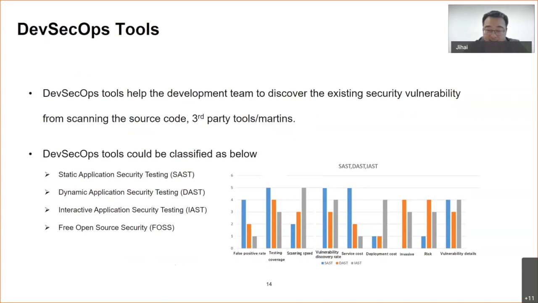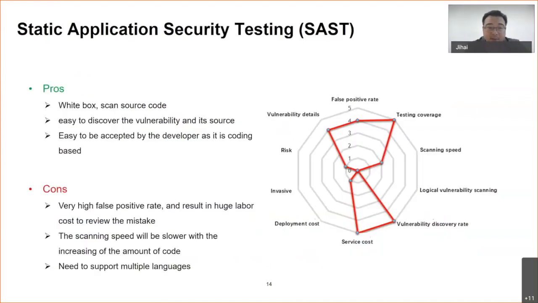Okay, later let's talk about the tools in detail. The first one is the static application security testing tool. Like I mentioned already, it normally scans your source code, and based on some rules, it helps you find vulnerabilities. We normally call this kind of tool a white box tool.